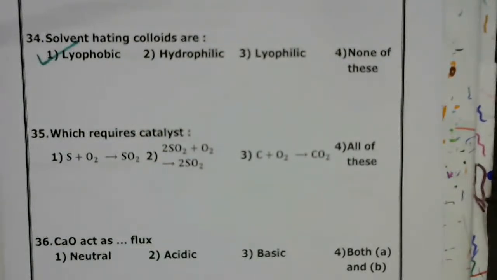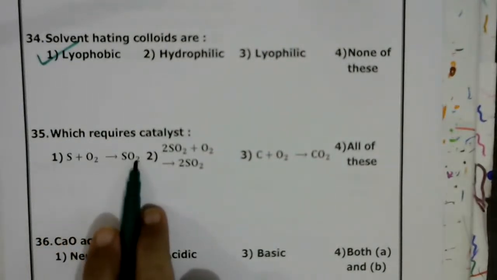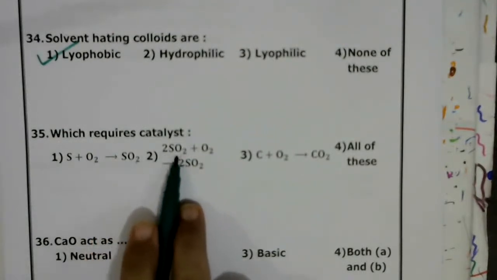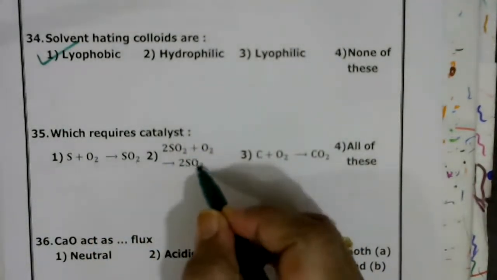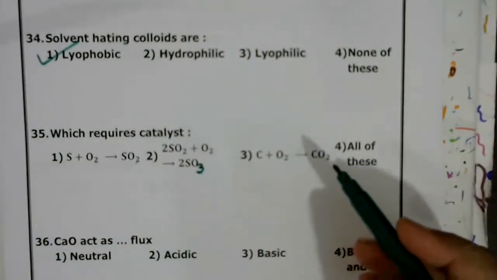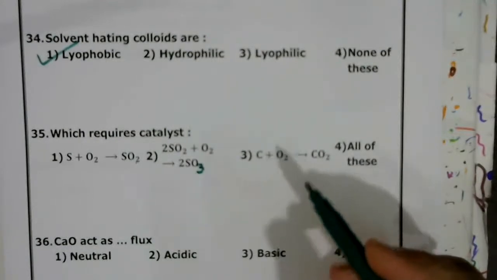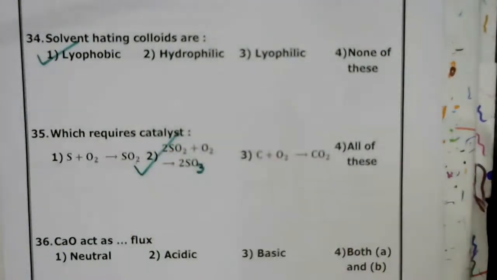Next one. Question number 35: which requires catalyst? Sulfur to sulfur dioxide, we can even use iron pyrite also. On oxidation they are converted into sulfur dioxide. Remember one thing, in the second reaction, sulfur dioxide to sulfur trioxide, in the contact process, we are going to use vanadized platinum or V2O5 as a catalyst.